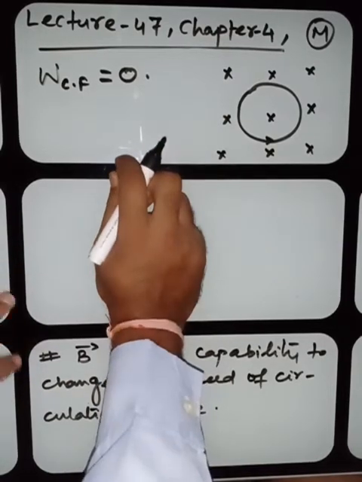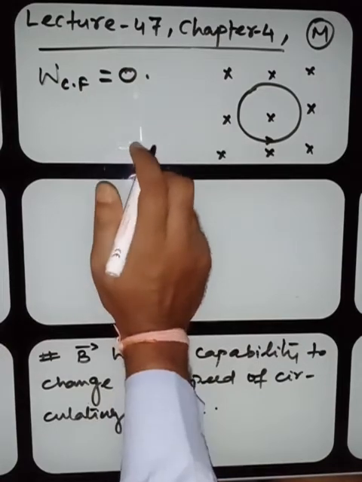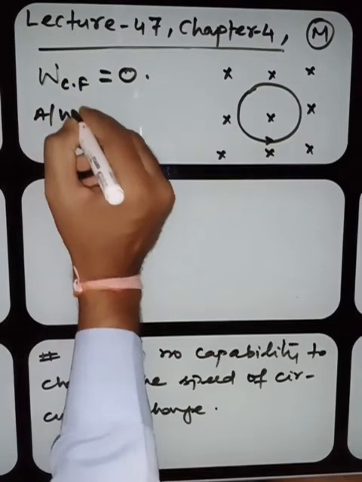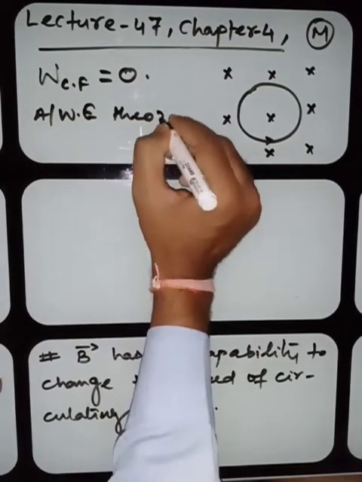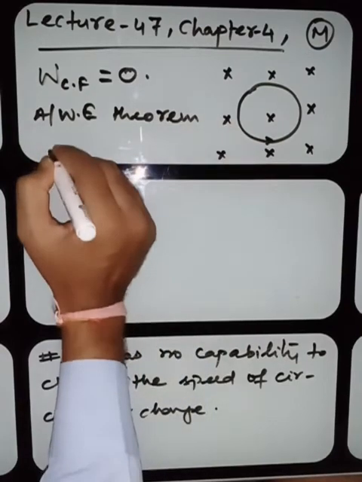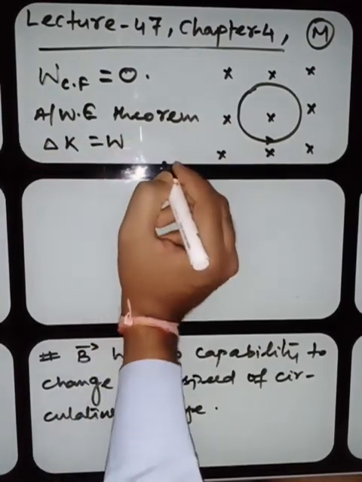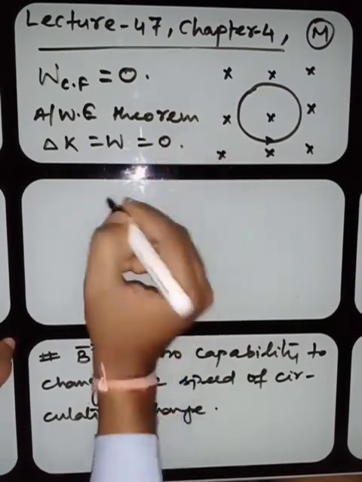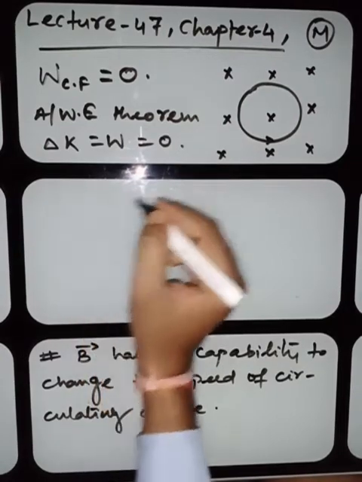According to the work energy theorem, the change in kinetic energy is the work done, and it should be equal to 0.